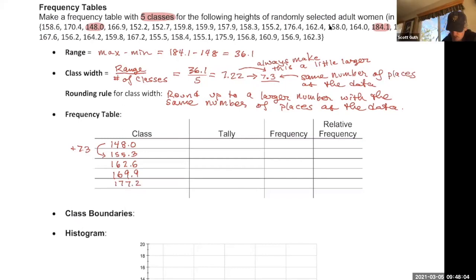Okay, any questions? Now, those are called lower limits for the classes. Each class should also have an upper limit. And the upper limit for the first class should be one value below 155.3 to the nearest tenth. So what would go below 155.3 to the nearest tenth?